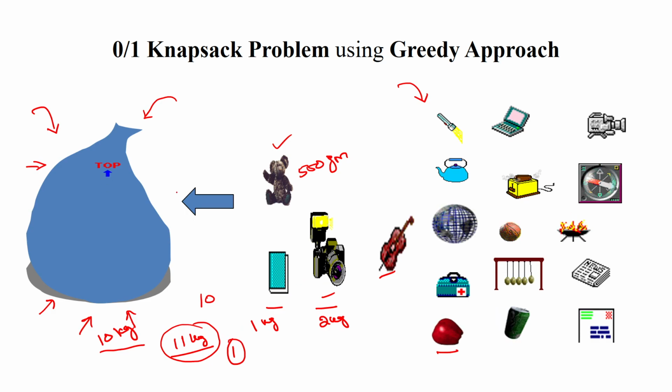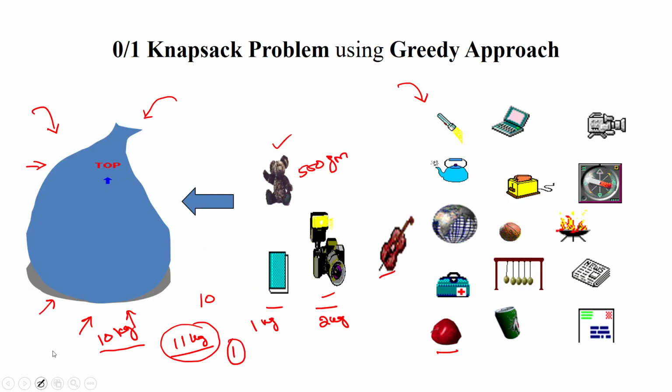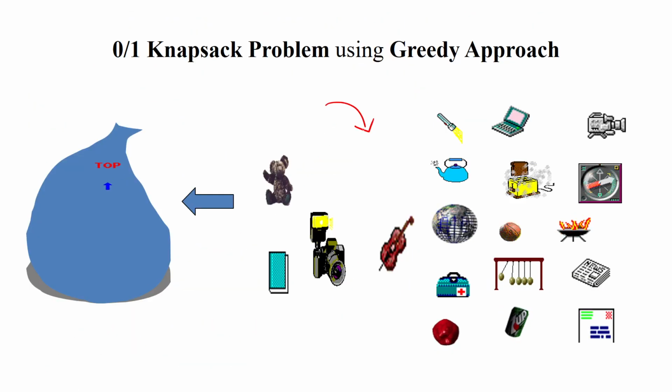So here, in this problem statement, the knapsack and a set of items will be given. Each item has its own weight, which is represented by W of the item, and each item has its own price or profit, called P of the item. Then we have to determine the subset of items, that means we select only a few items from this set of items.